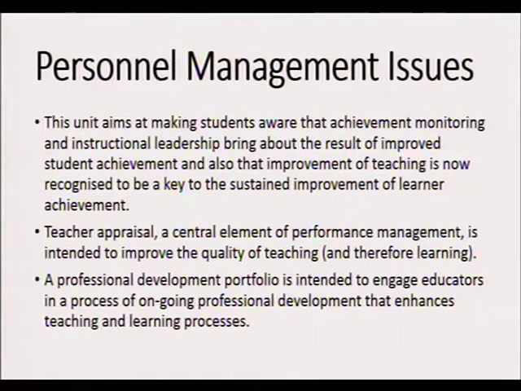That's a central element of performance management. It is intended to improve the quality of teaching and therefore learning. A professional development portfolio is intended to engage educators in a process of ongoing professional development that enhances teaching and learning process. So nowadays it's not about the fact that you have gone to college, you have studied, and you are a teacher and finished.